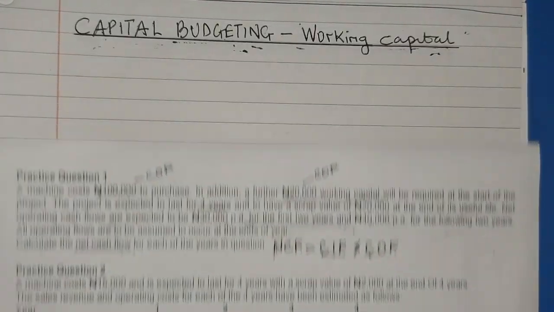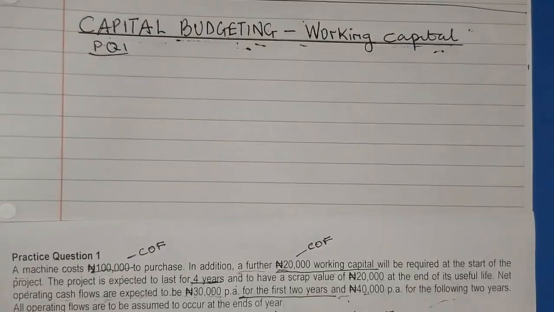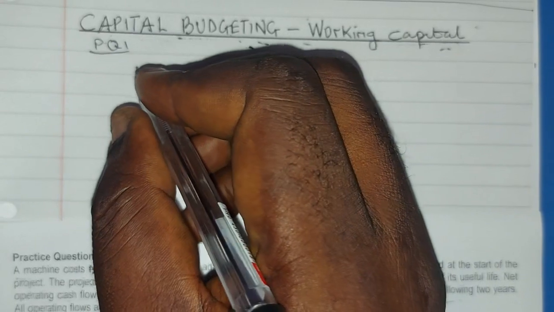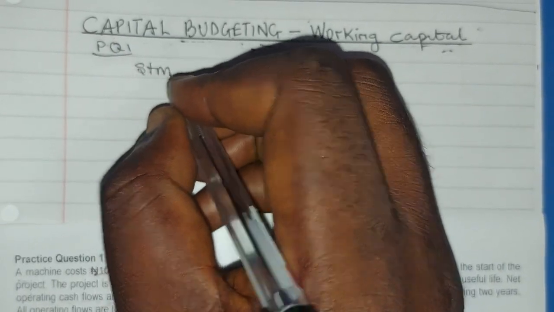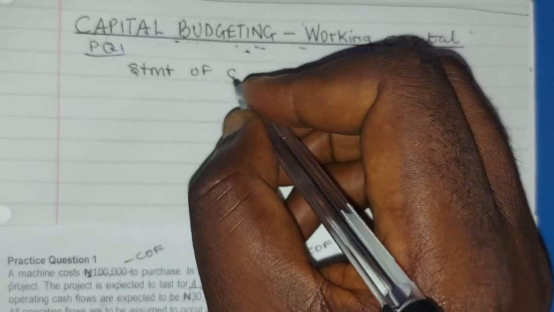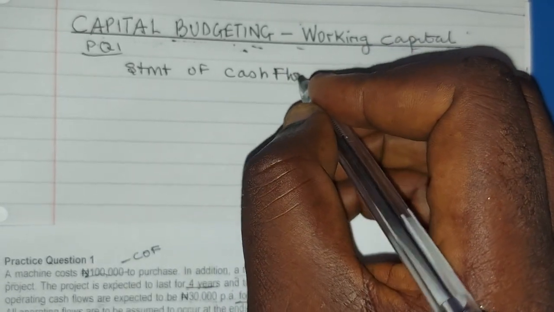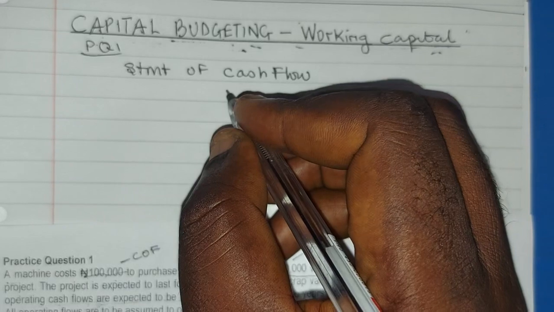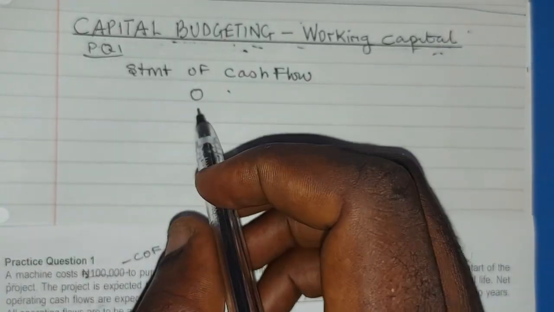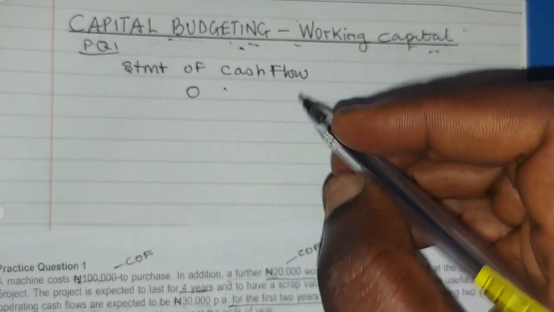So let us go to our practice question 1. All right, you will write a statement of cash flow. Okay, so we have year 0, that is now. Year 0 represents now.